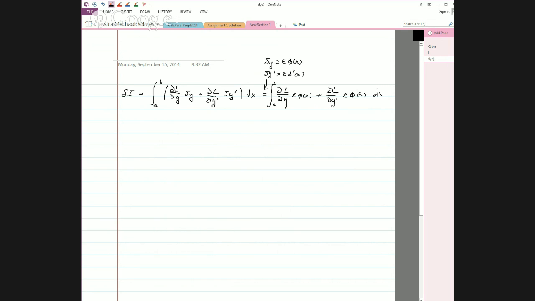And the whole thing is dx. Okay, so the epsilon, of course, doesn't depend on x, so it can actually come out of the integral, right?